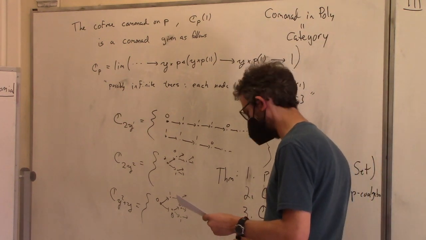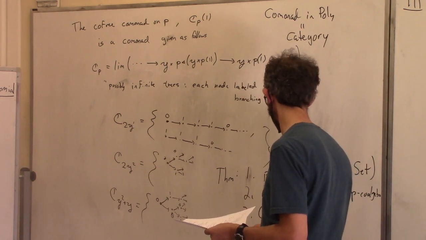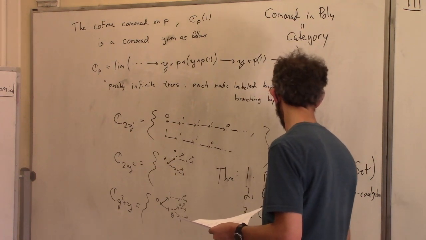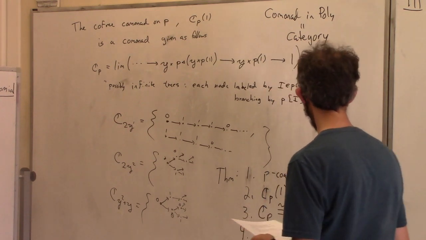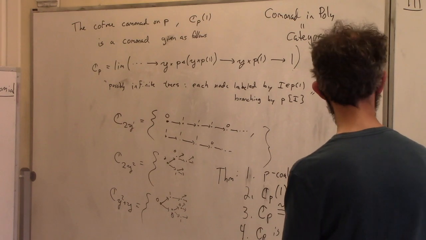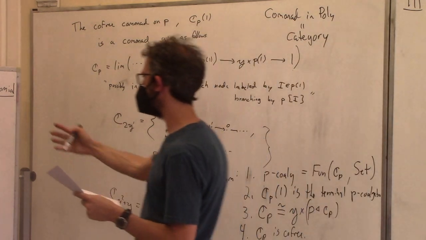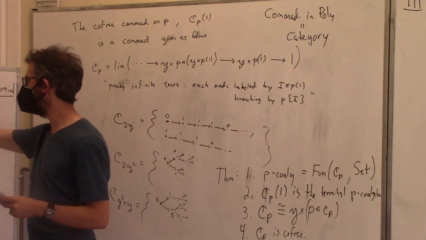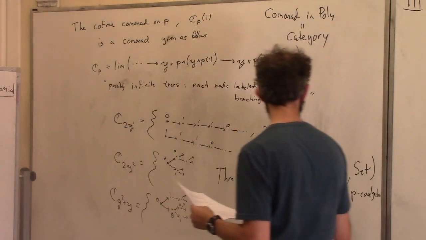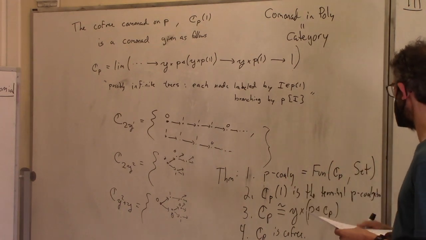And a fourth thing, just that C_P is cofree. Okay, now, why am I saying this? We want to study p-coalgebras. These are kind of things like this, and these will be objects in this presheaf category, or functor category.